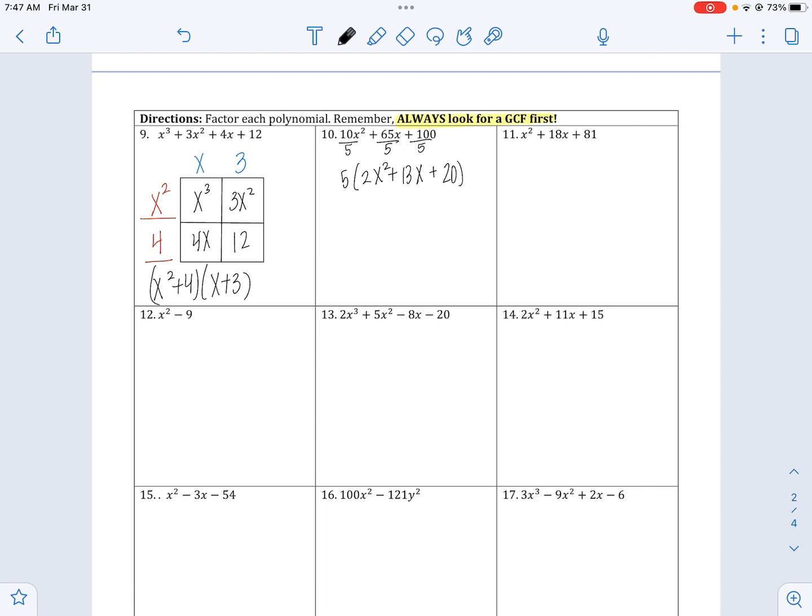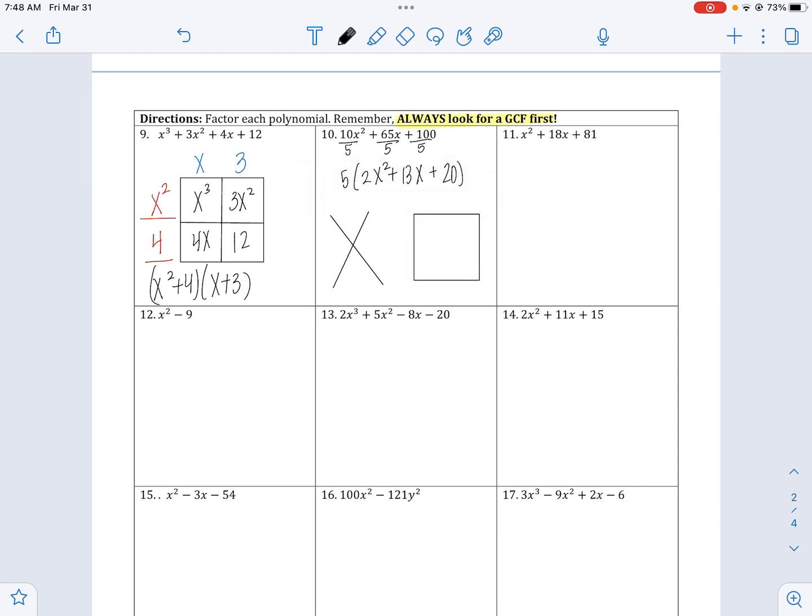Okay, now we look at the inside of the parentheses and we notice that there's 3 terms. Is there a GCF? No. Now we know that we have 3 terms, so we make sure that we do our X method and our box method.